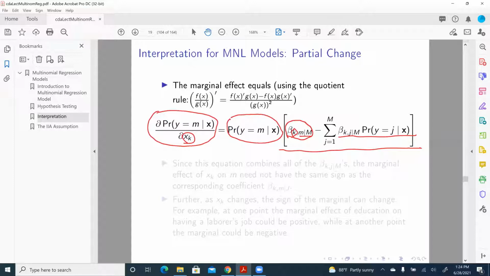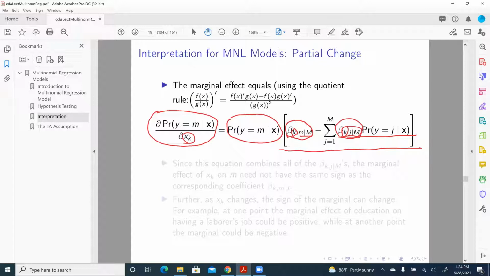First is again the slope for xk, the slope for the variable of our interest, the covariate we're trying to find out its partial change.